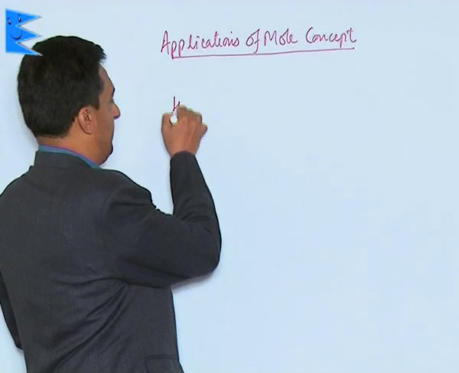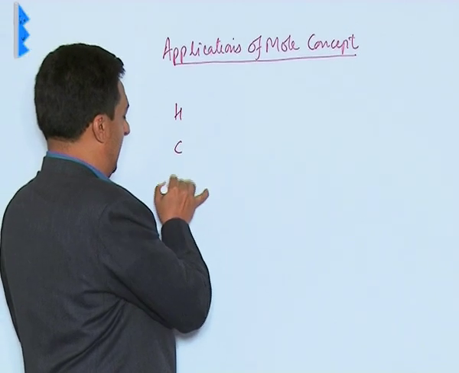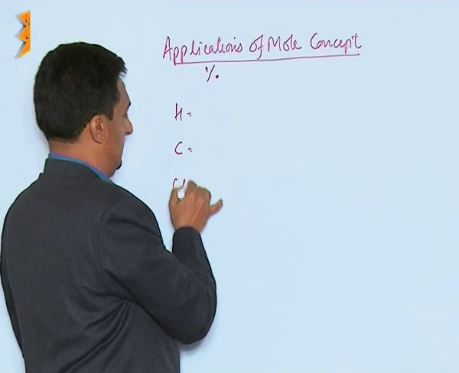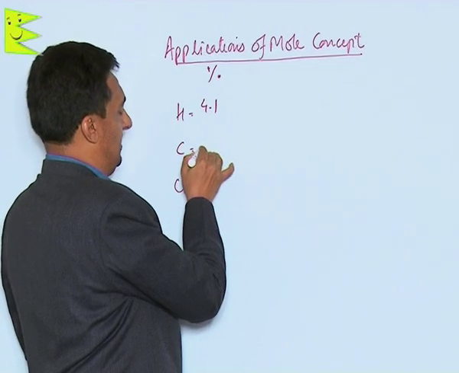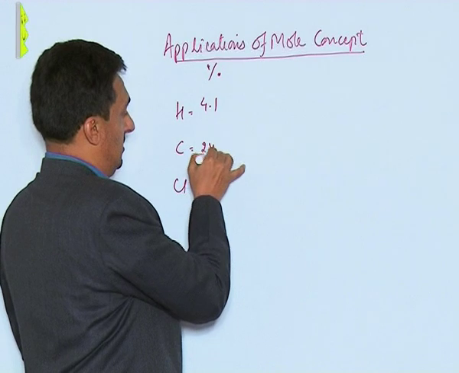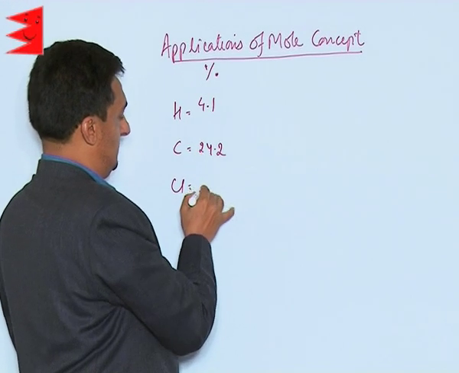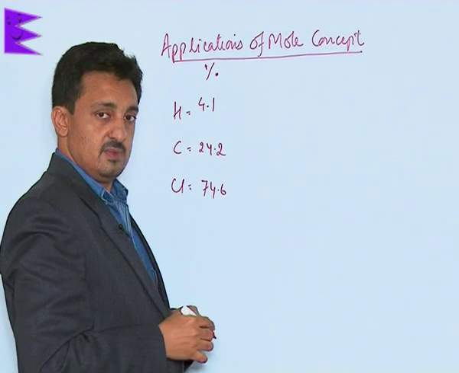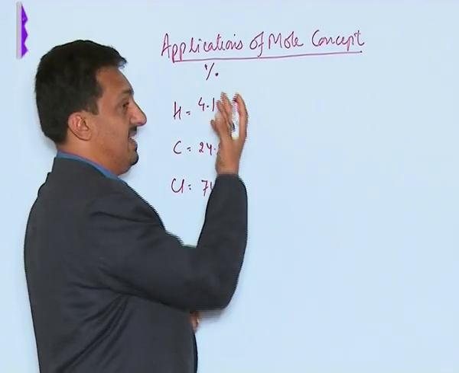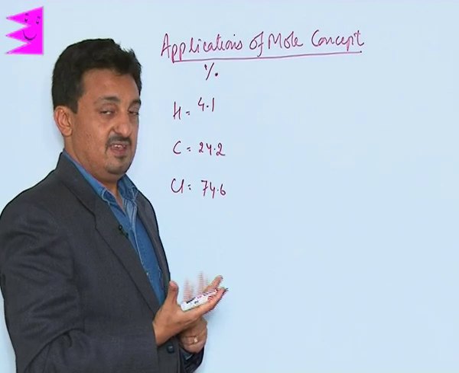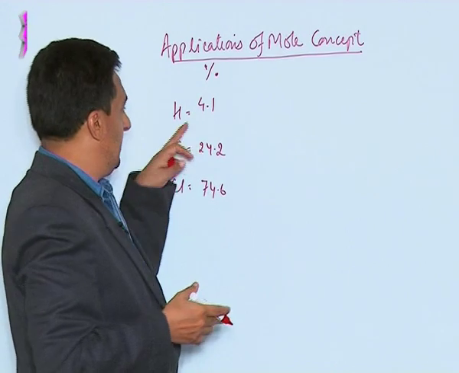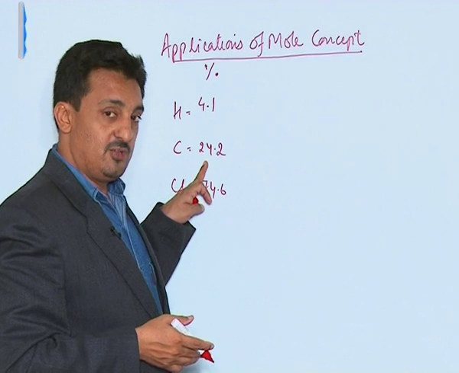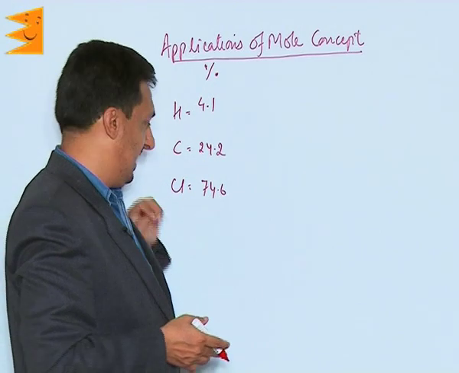See, we have hydrogen, we have carbon and we have chlorine. Their percentages given are 4.1, 24.2 and 74.6. Since it was by mass, it means out of 100 grams, hydrogen is 4.1 grams, carbon is 24.2 grams and chlorine is 74.6 grams.